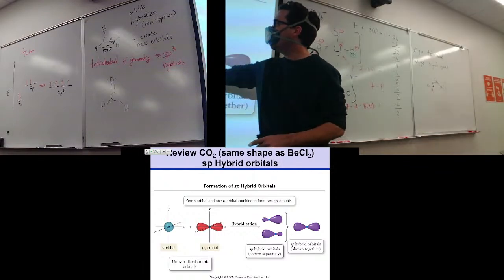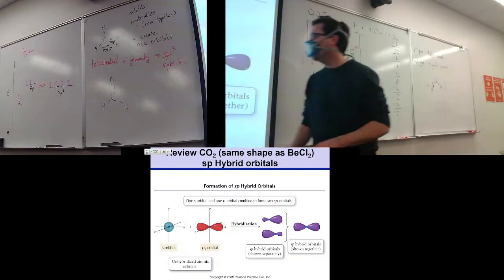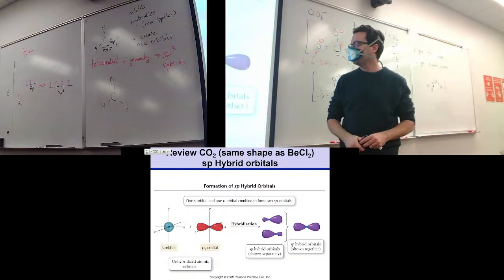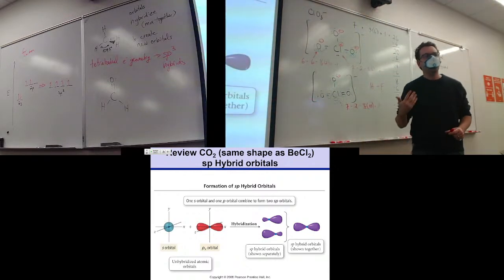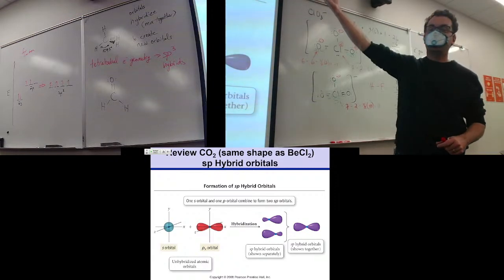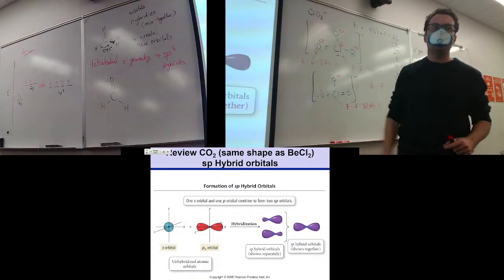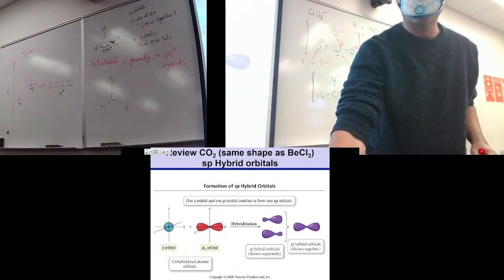And I think this is a lot easier to see, but you get one lobe pointing this way, one lobe pointing that way, and that's it. 2 hybrid orbitals. So linear shapes trigger the sp hybridization. So CO2 does this. It's linear, and then there's beryllium chloride does that too. That's a weird one, but it does that.